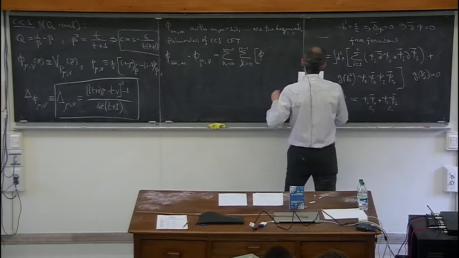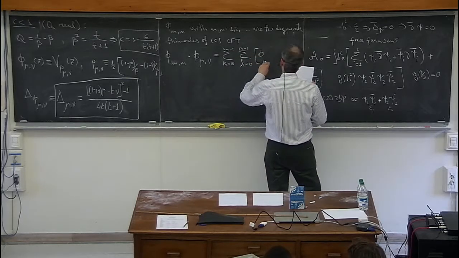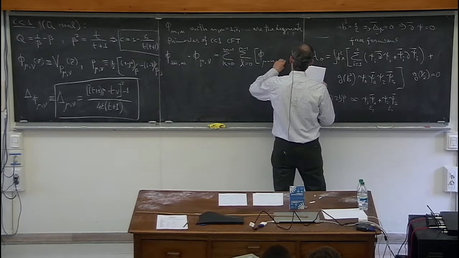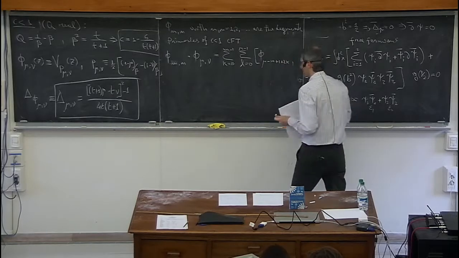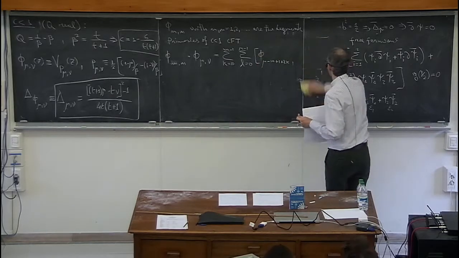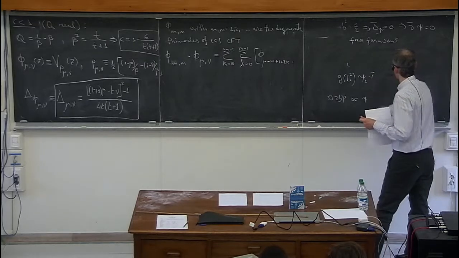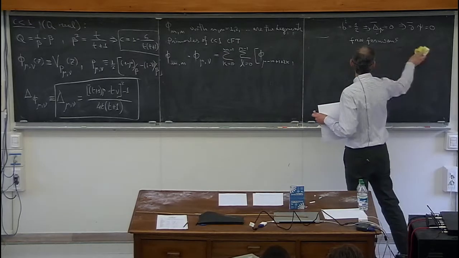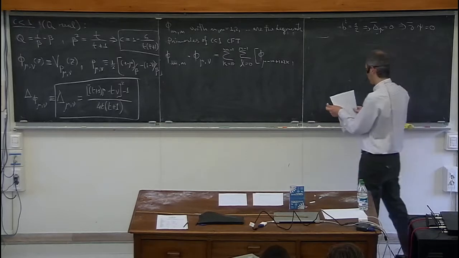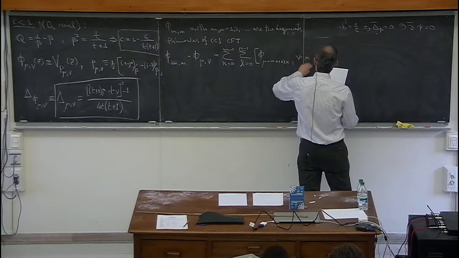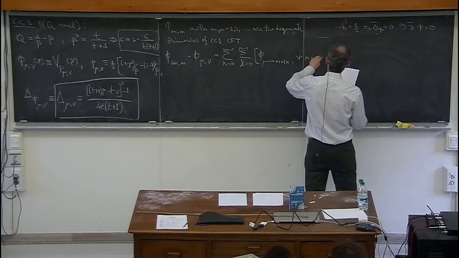And what you produce is phi mu minus m plus 1 plus 2k, nu minus n plus 1 plus 2l.